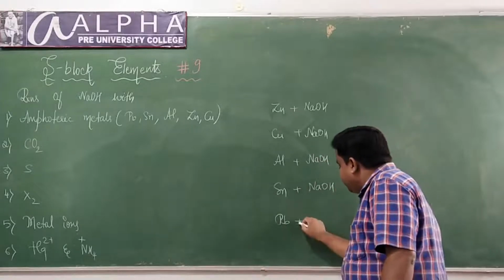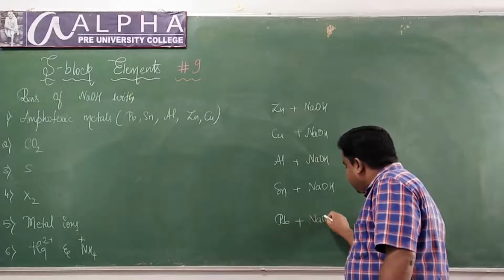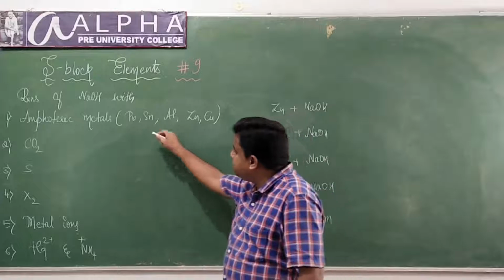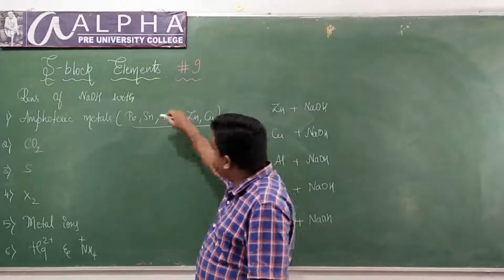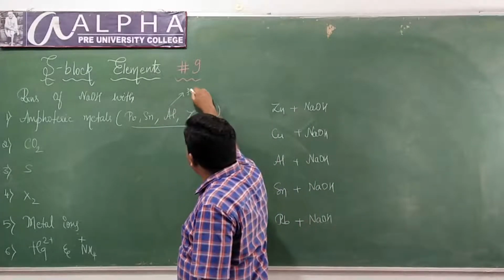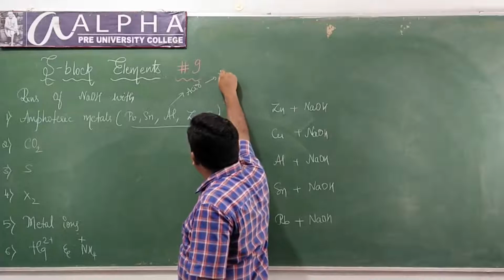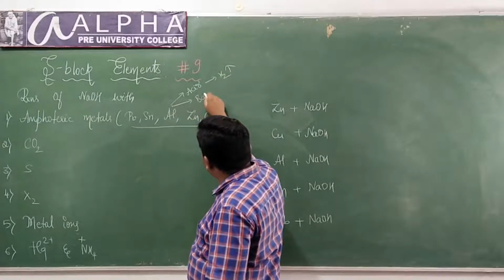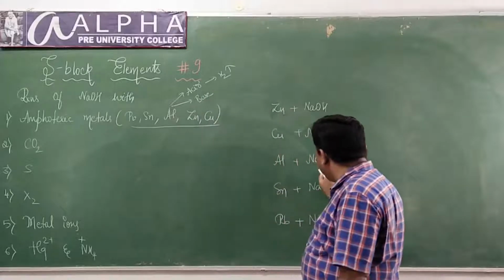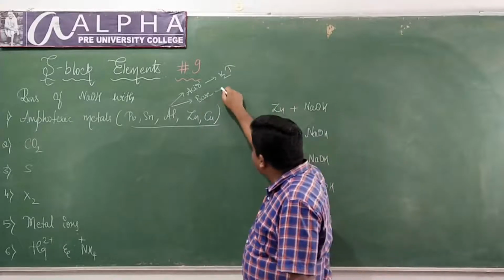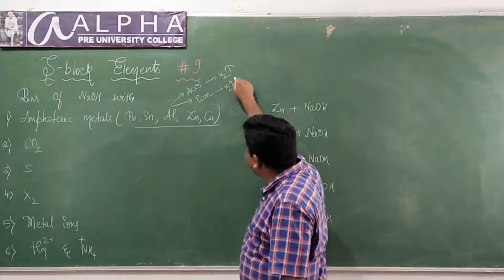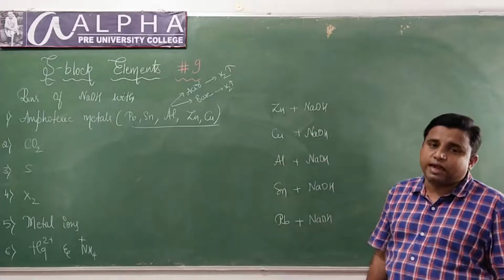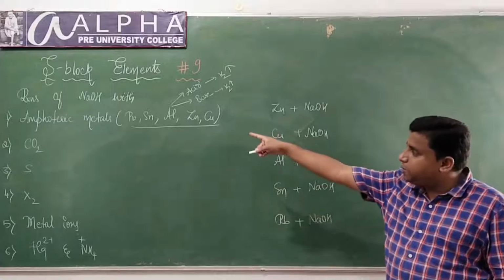What do you mean by amphoteric metals? The metals which react with both acid as well as base. These metals react with acids and liberate hydrogen gas. The same metals also react with a base such as sodium hydroxide, and here also they liberate hydrogen gas. Such metals are called amphoteric metals. Hope you can remember this.